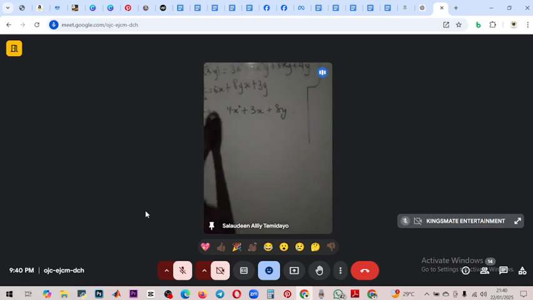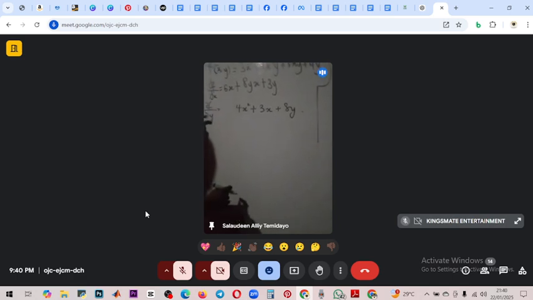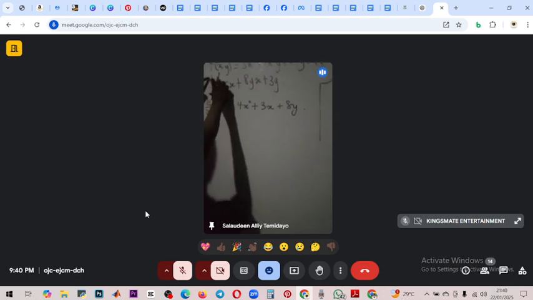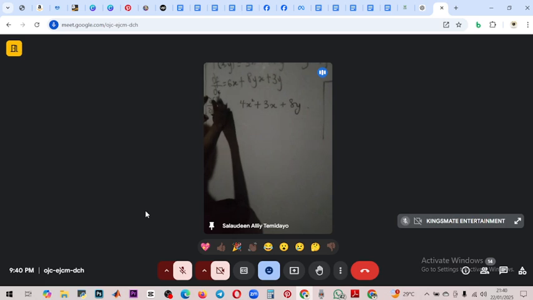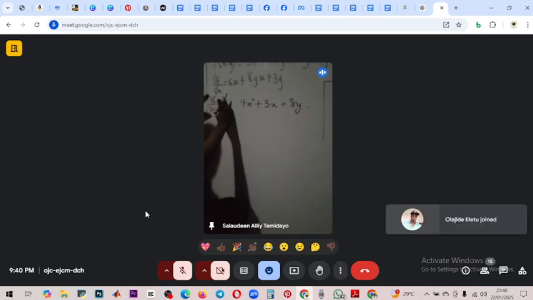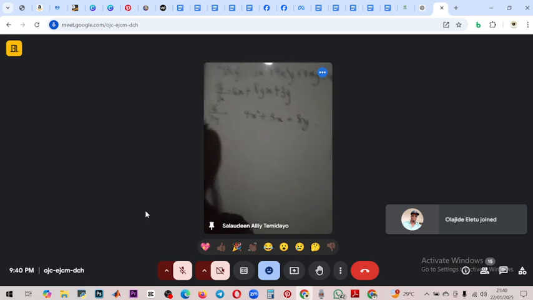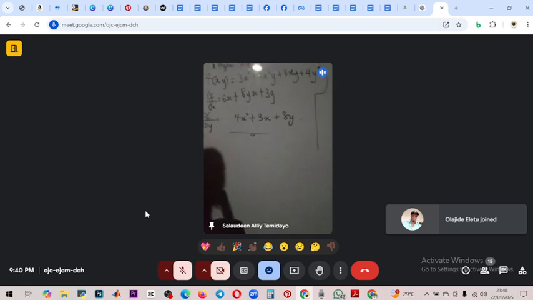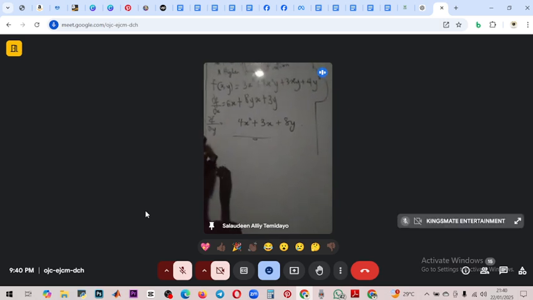This is the partial derivative of f with respect to x, and this is the partial derivative of f with respect to y. That is what is called partial differentiation.